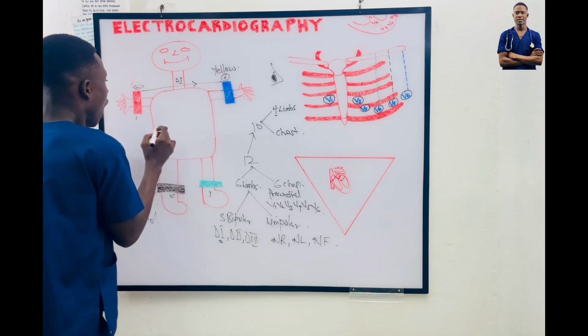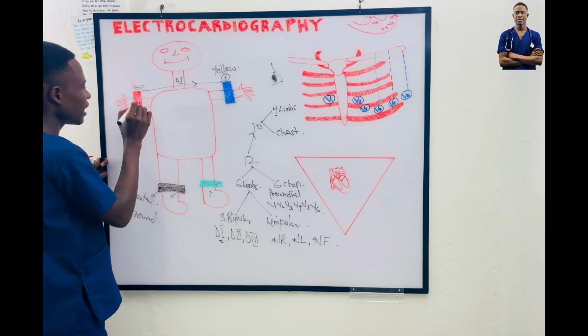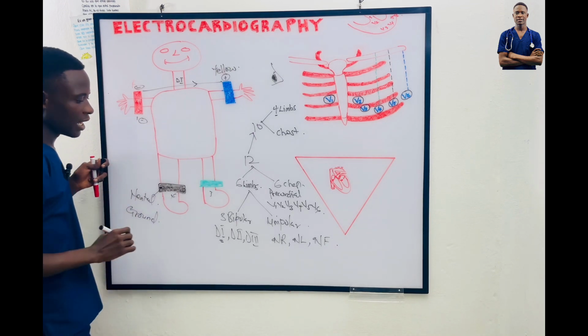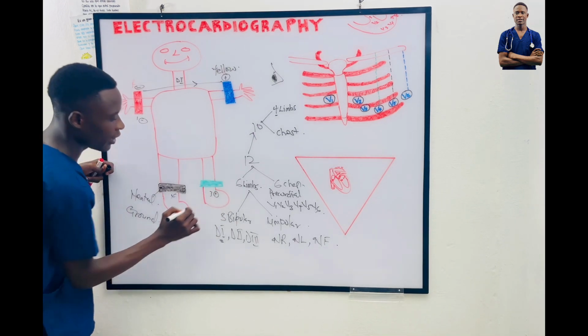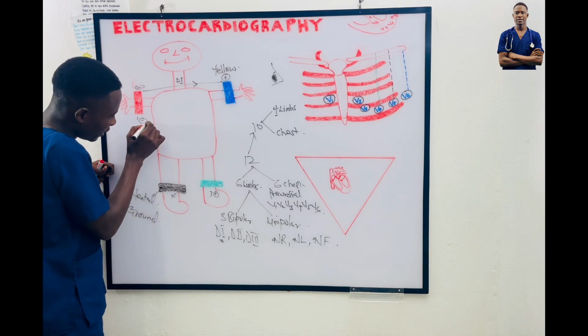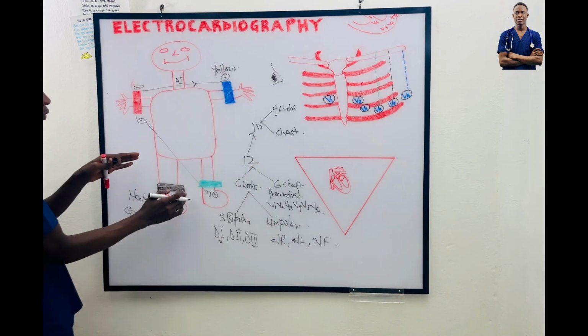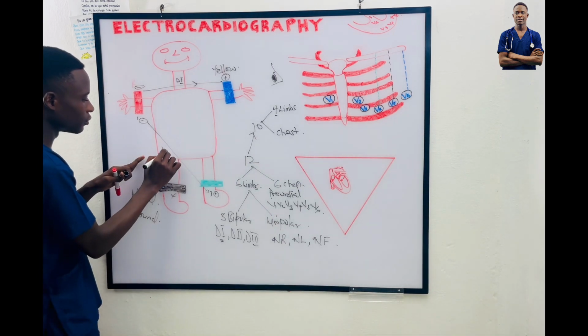Now, let's come to the D2. The D2 has its negative electrode over here, and then the positive electrode over here. Do you understand? So it will actually have something like this. So this is our D2.